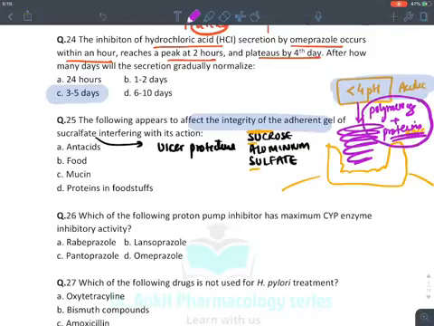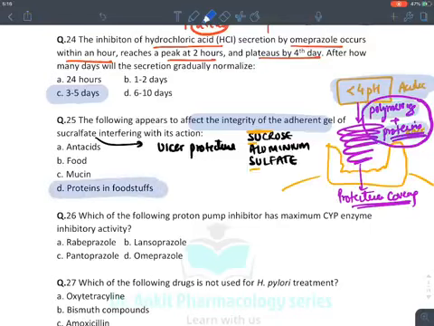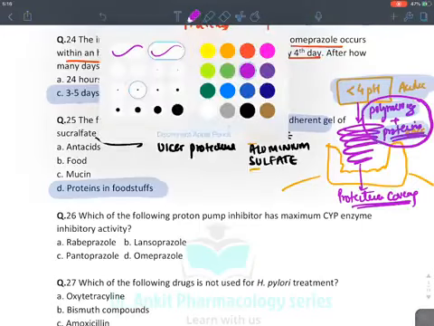It will polymerize itself and with proteins, and it will form a protective covering over this ulcer base. So, this is the main action. It requires the presence of protein to polymerize. Hence, the proteins present in the foodstuff along with sucralfate make a protective covering over the ulcer base.